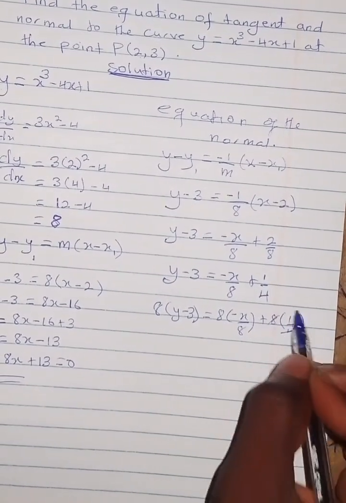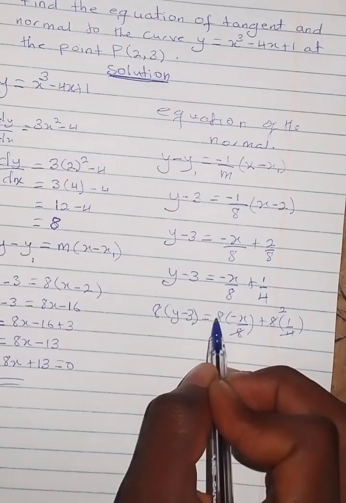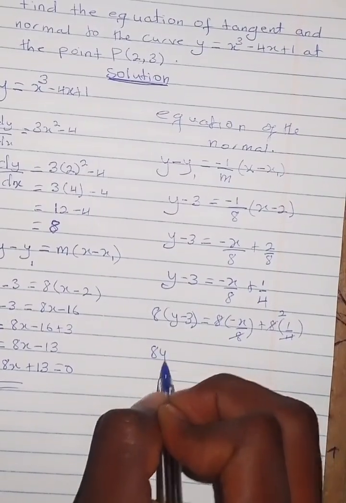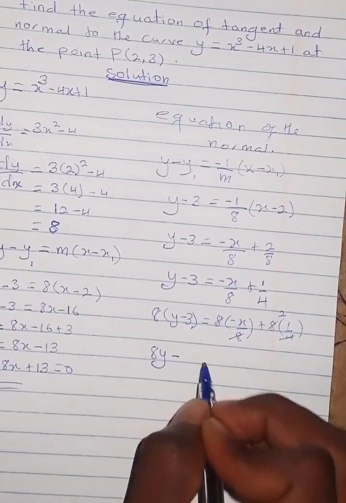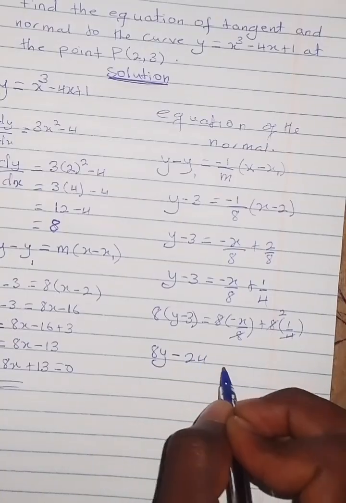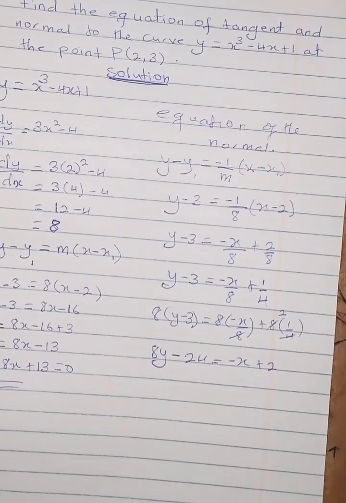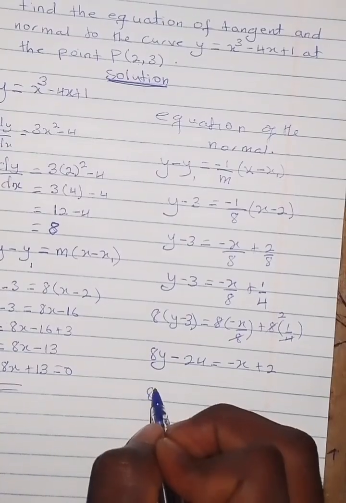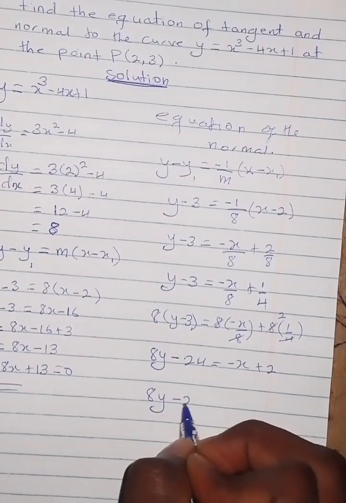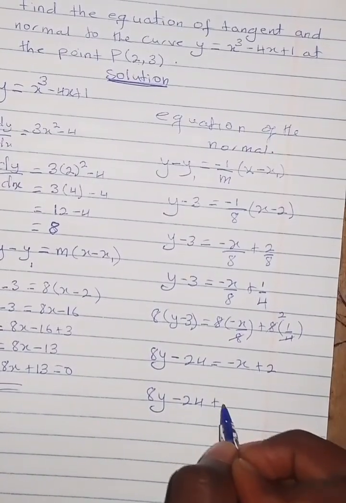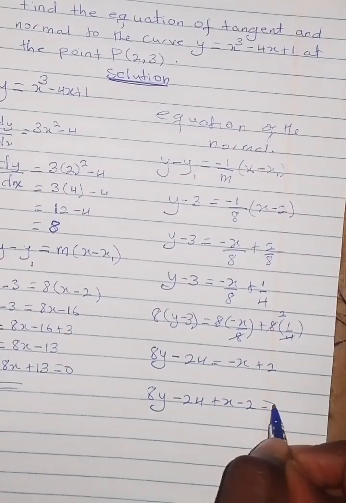This one will cancel these two, this one will cancel this. Then you have 8y minus 24 is equal to negative x plus 2. So 8y minus 24 plus x minus 2 is equal to 0.